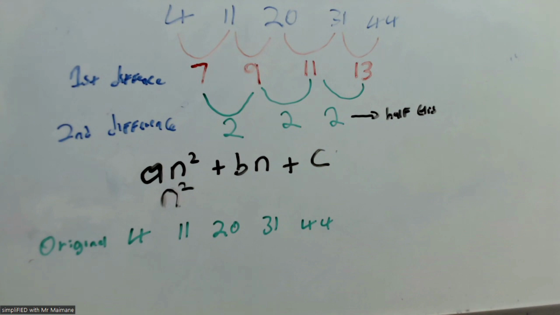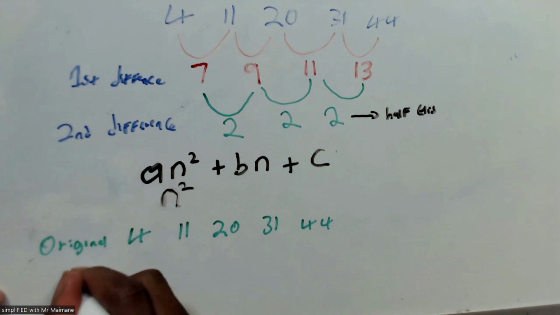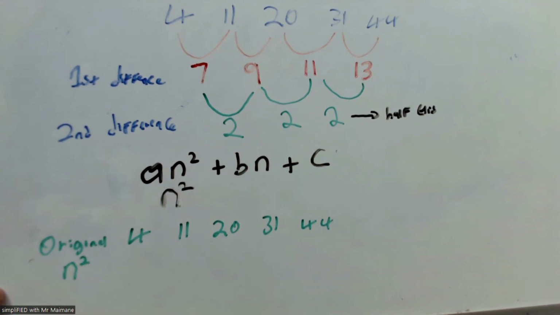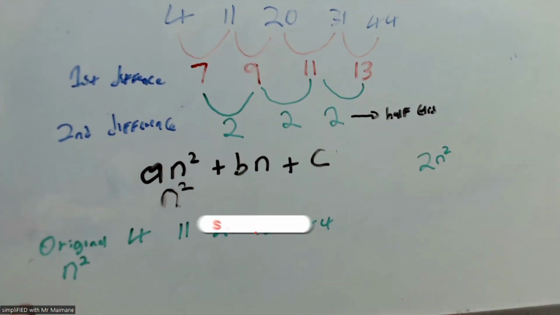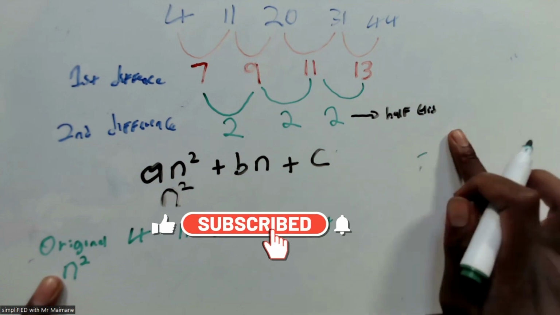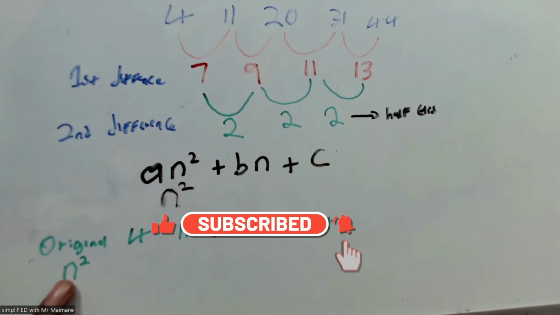And then after writing our original sequence, we're going to determine n squared. Meaning if we had found 2n squared, we would be determining 2n squared here. But now we are just going to determine n squared.